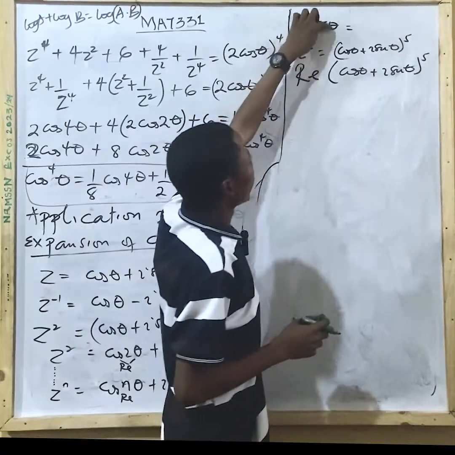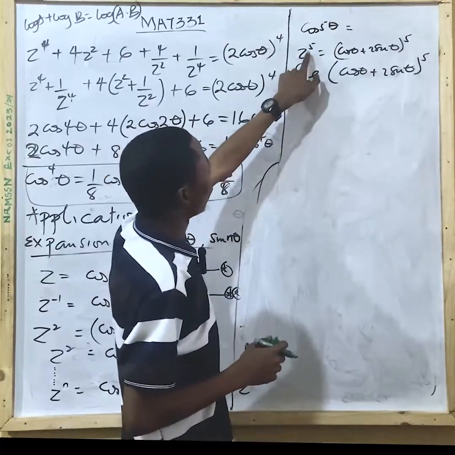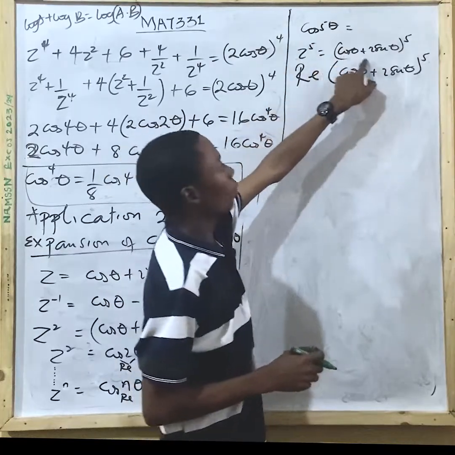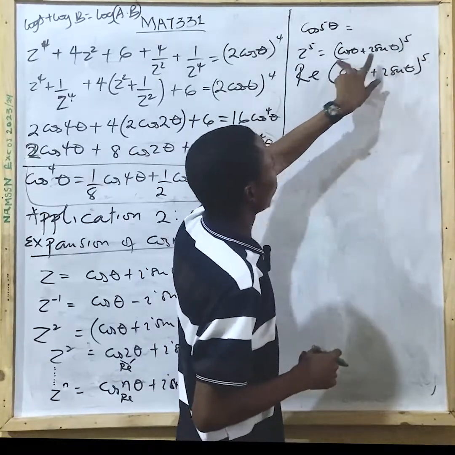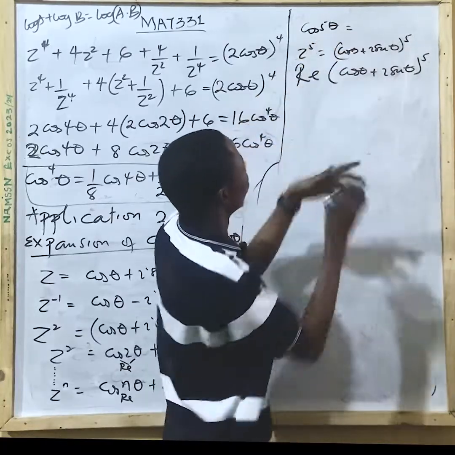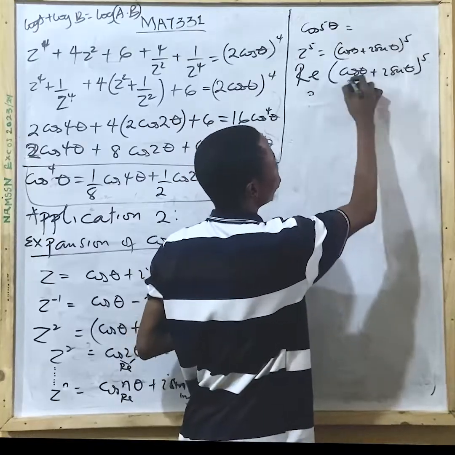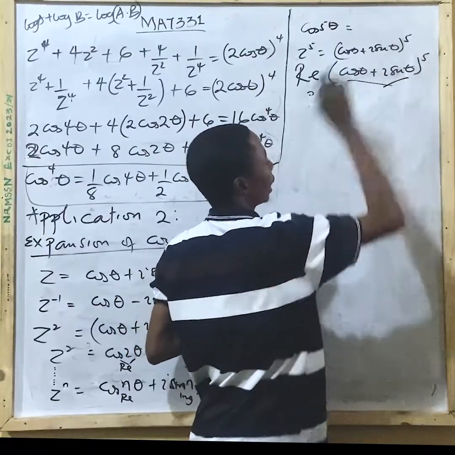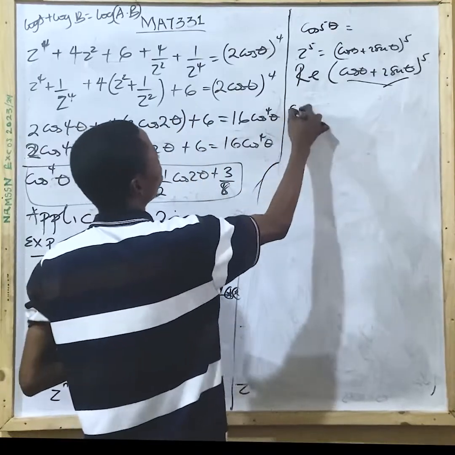According to De Moivre's theorem, if I have cos theta plus i sin theta with any power, that power will multiply the angle like this. So this is just the real part of the expansion of cos theta plus i sin theta raised to power 5.